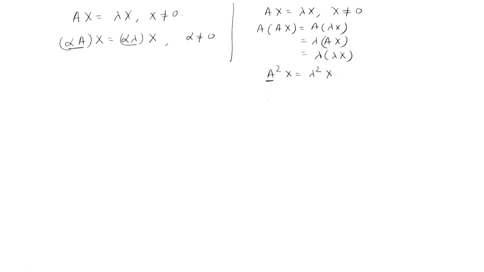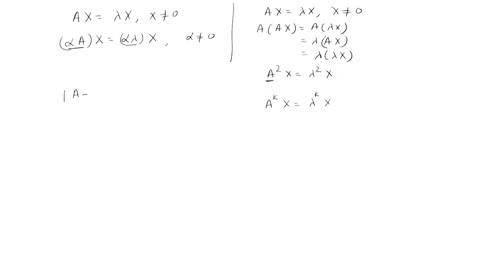Similarly, A raised to power k x equals lambda raised to power k times x. You can similarly find A cube, A raised to power 4 and so on. So, what we have concluded is that if A has an eigenvalue lambda and the corresponding eigenvector is x, then A raised to power k has an eigenvalue lambda raised to power k and the corresponding eigenvector is x.